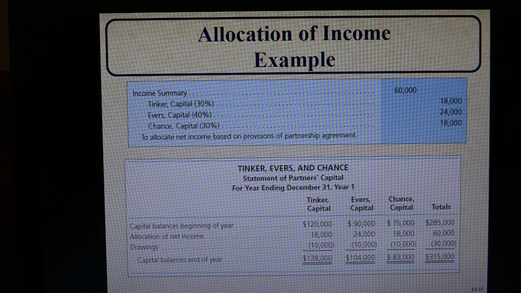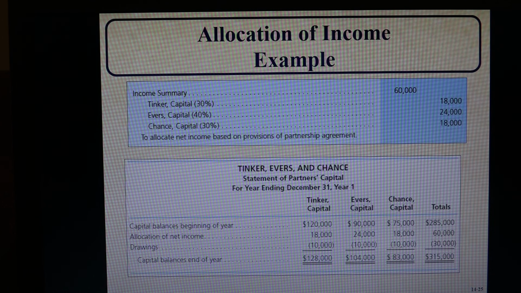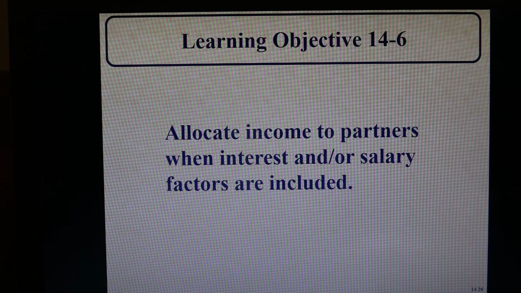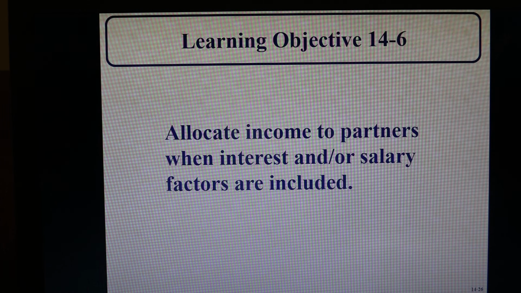Now they have a couple of alternative allocation techniques here. And what these have to deal with is, and again, you can have stuff in these partnership agreements, it's kind of endless.